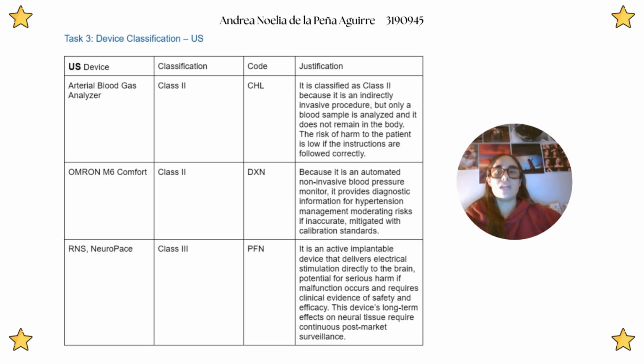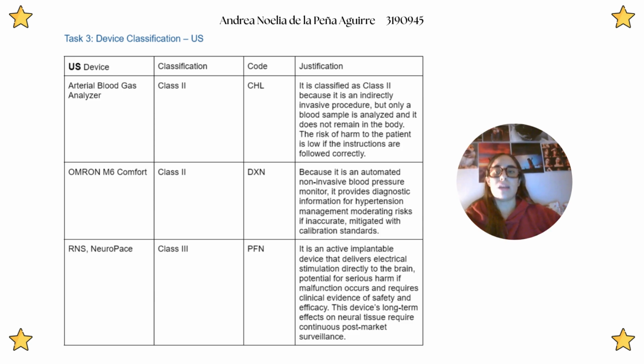Under the US FDA classification system, the ABG analyzer is class 2 with code CHL because it is indirectly invasive and poses low risk. The Omron M6 Comfort is class 2 with a code of DXN as it is an automated non-invasive diagnostic device.